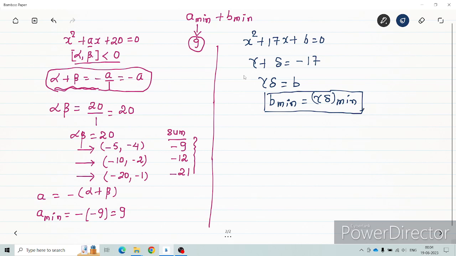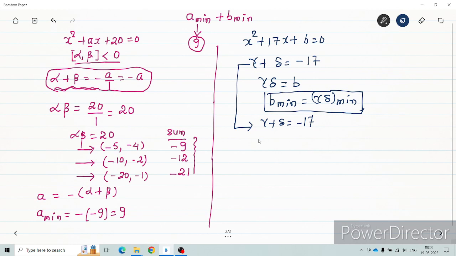From here, we have gamma plus delta is equal to minus 17. So we have to find the combination of gamma and delta in such a manner that their summation is minus 17. So what combinations are possible? The following combinations are possible.